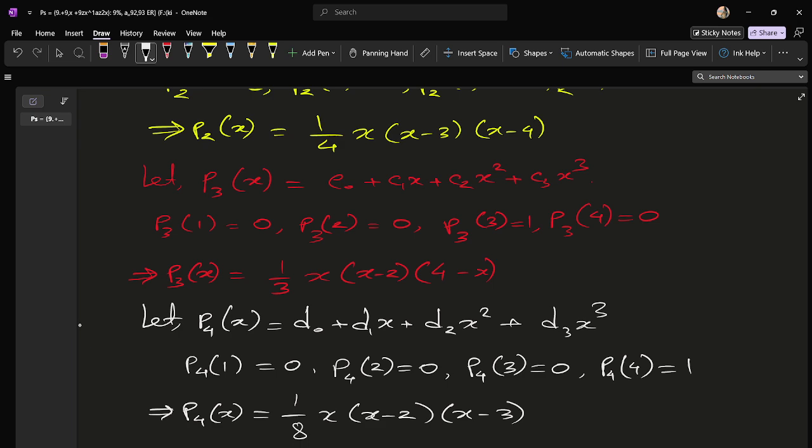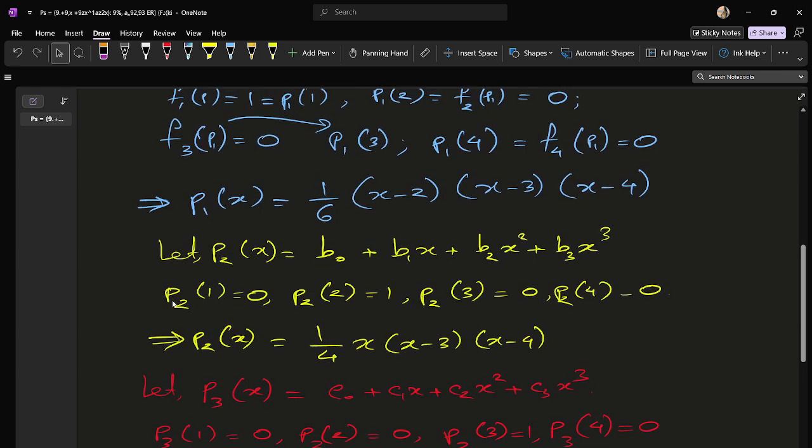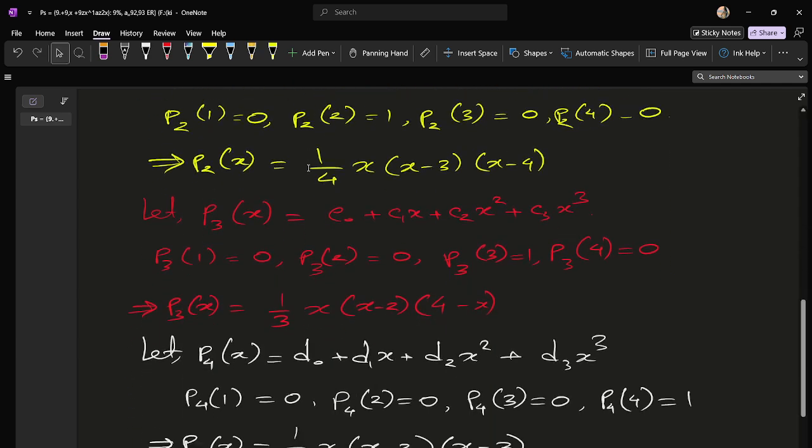Now we have to check the factors. The factors of p1(x) are x minus 2, x minus 3 and x minus 4. The factors of p2(x) are x, x minus 3 and x minus 4. The factors of p3(x) are x, x minus 2 and 4 minus x.